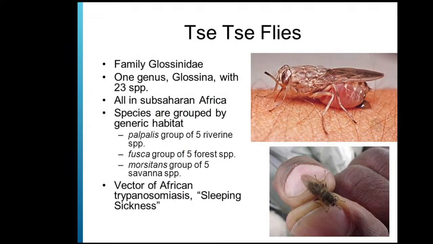Most of you studied the tsetse fly because it is the vector for Trypanosoma brucei gambiense. The tsetse fly is a fly from the family Glossinidae, and the genus of the tsetse fly is Glossina. Glossina palpalis is the specific vector for Trypanosoma brucei gambiense. Glossina morsitans is the specific vector for Trypanosoma brucei rhodesiense.